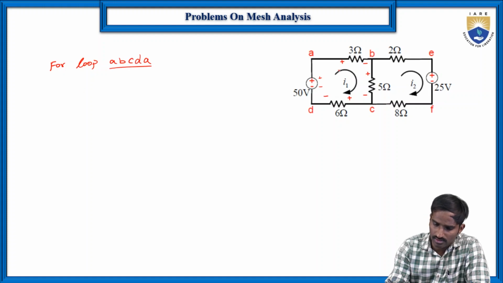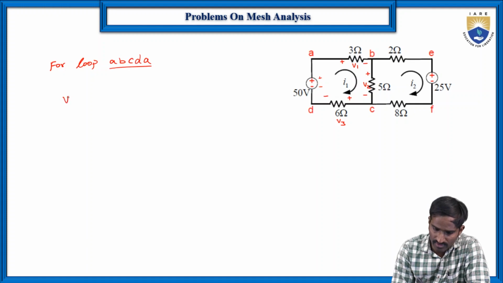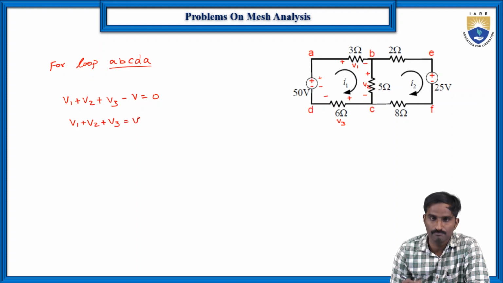The current flowing through this 3 ohms resistor is only I1. Let us consider the drops here as V1, V2, and V3, and this source as V. Then V1 plus V2 plus V3, minus V, equals 0. In other words, V1 plus V2 plus V3 is equal to V.